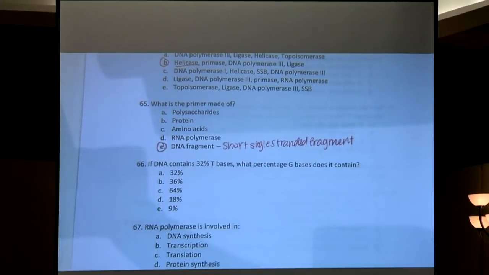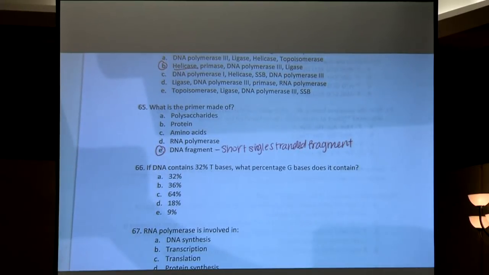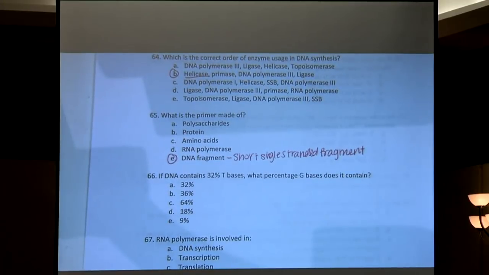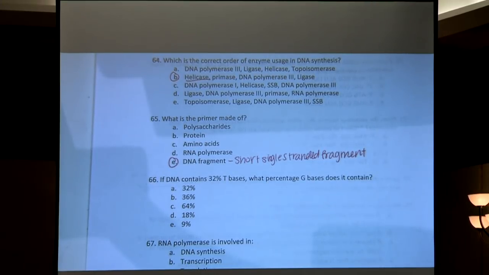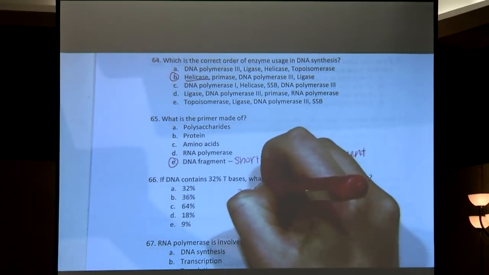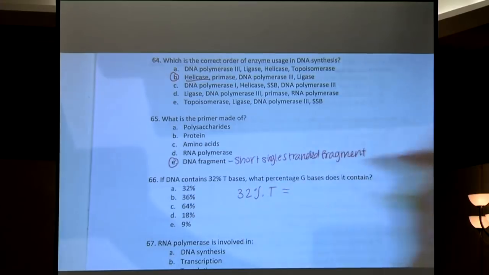We do expect to have a question that concerns your pairing and making sure you know how your percentages work. Your A, T, C, G, all of that should add up to 100%. So if DNA has 32% of thymine bases, what percentage of guanine bases does it contain? If we have 32% of T, how much A should we have?